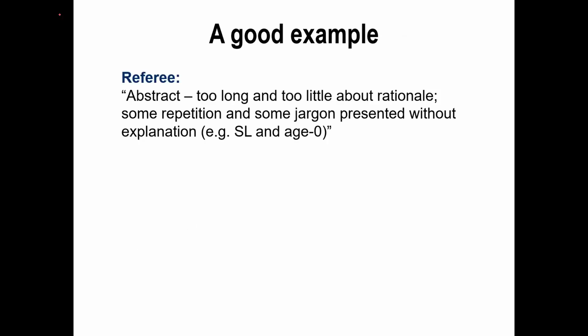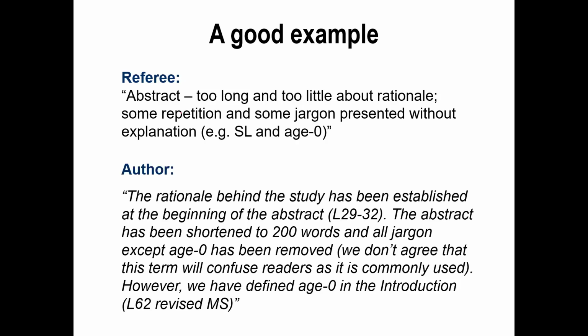This is an example of a comment from the reviewer. He's saying that the abstract is too long and says too little about the rationale, there is some repetition, and some jargon has been presented without explanation. How do you respond? You can say the rationale behind the study has been established at the beginning of the abstract, lines 29 to 32.